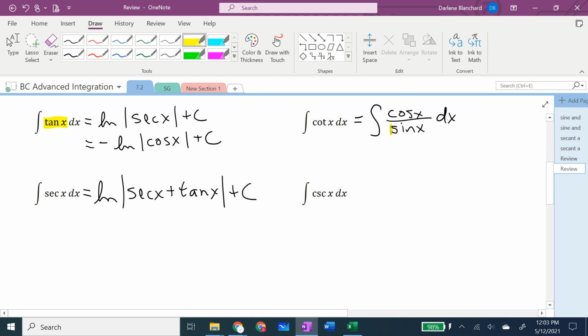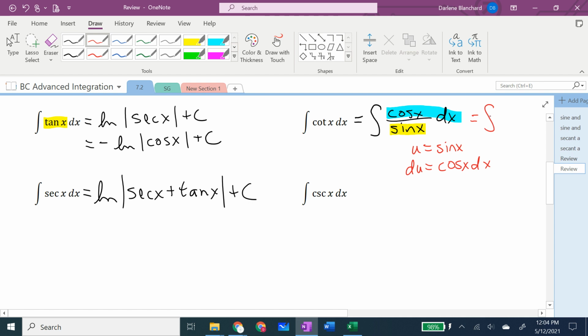I'm always wanting for these 4, I'm always wanting u to be my denominator. And they will always be set up in a way where the derivative of the denominator is the numerator with the dx and everything. So I'm going to write down that my u is sine x. My du is a positive cosine x dx.